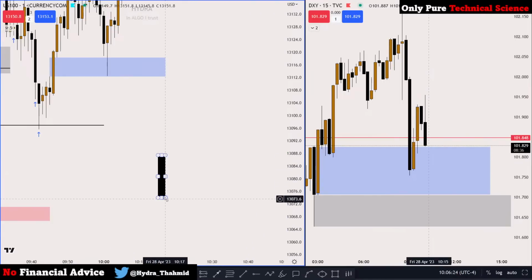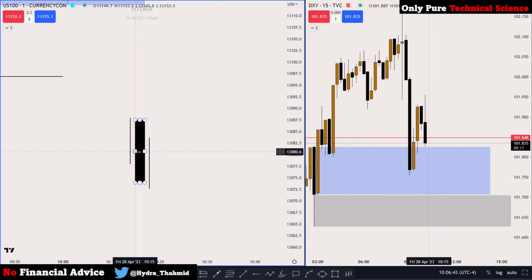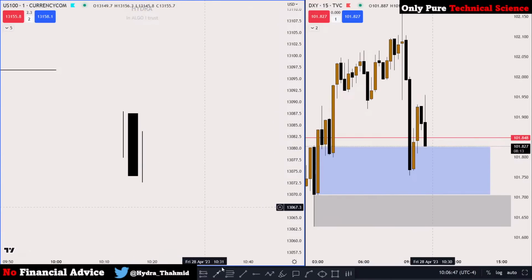So that's a candle, right? So what an implied fair value gap is: price will have to have a candle like this, and wicks on both sides like this. So the wicks have to cross each other, and once it does that, ICT sees it as a fair value gap. So where is the fair value gap?